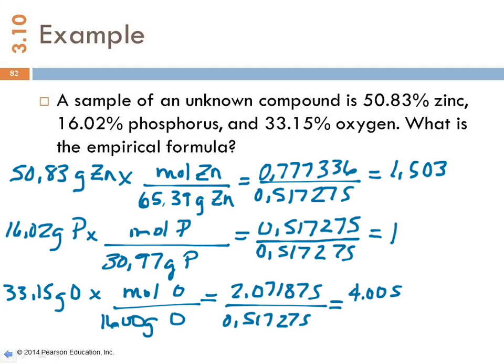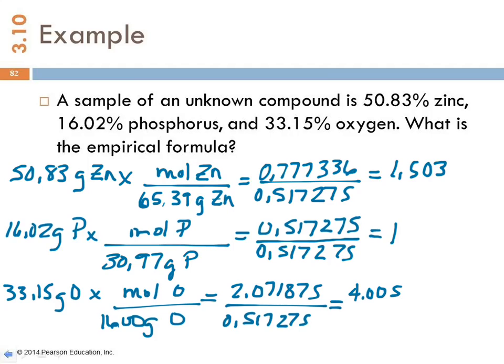No, we can't. So what that means is that we need to multiply all of them by the same number, because we're looking for the ratio. Here our ratio is 1.5 to 1 to 4, but we need these to be whole numbers.